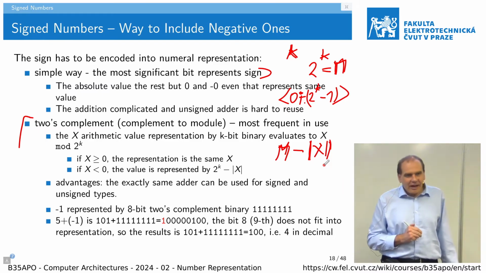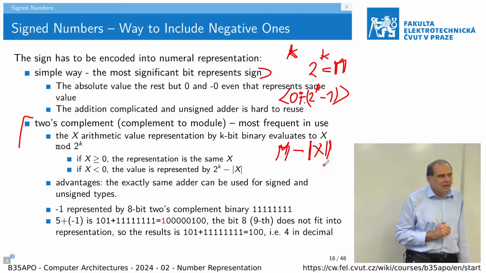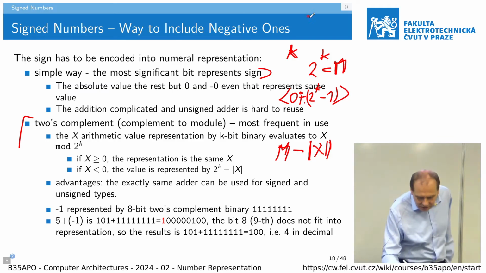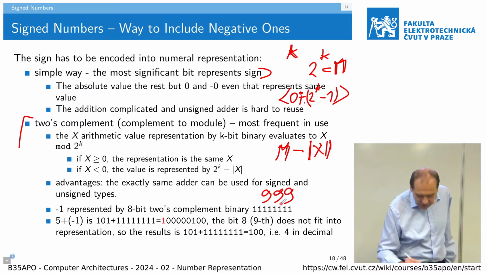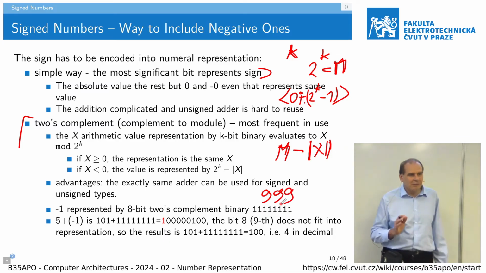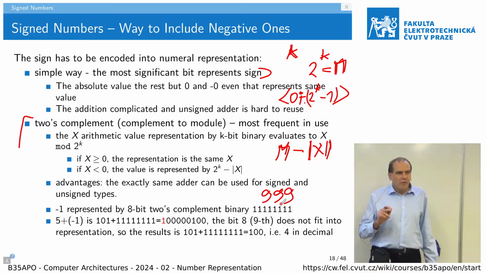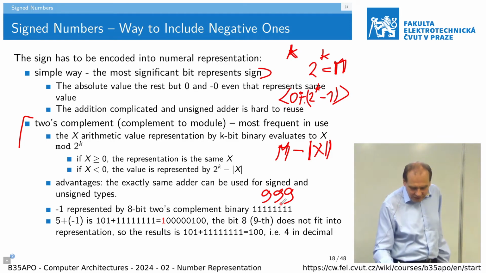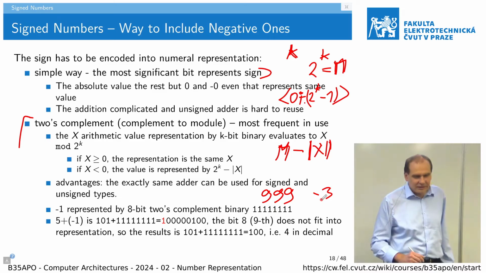And try to think how to represent -3 in the decimal modulo representation when we have three digits. So we can represent 999 as the highest value in the decimal system. What would be the actual representation of the -3 in this system?